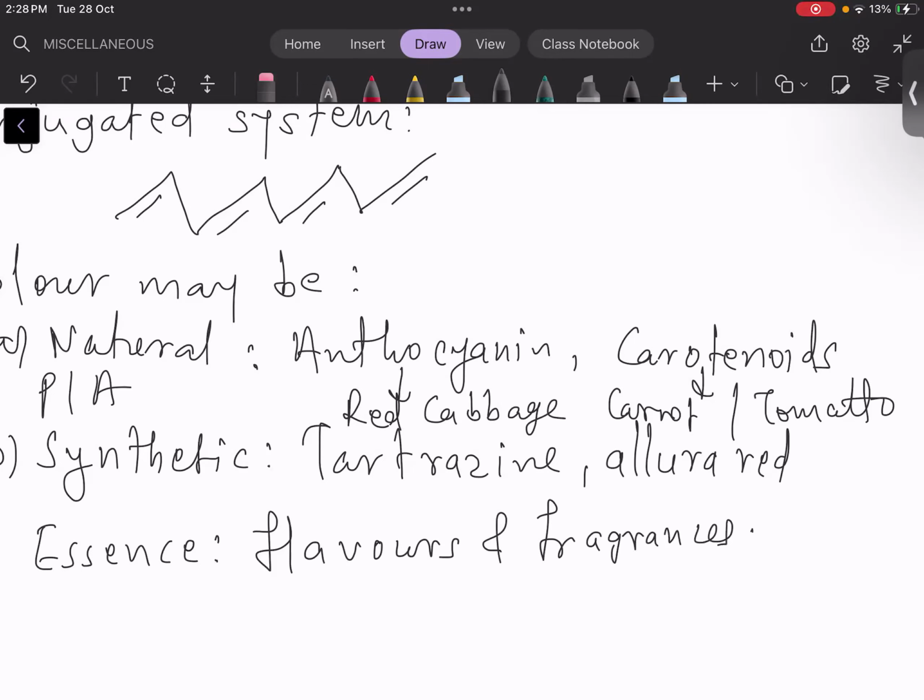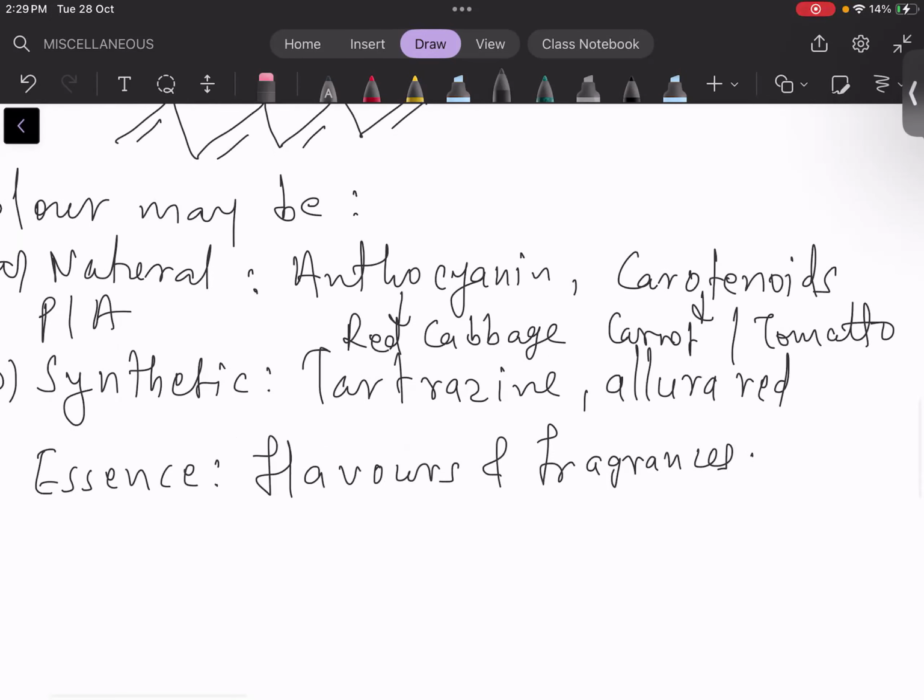The essence of chemistry is the study of chemical reactions, elements, and compounds that form the basis of everything from the materials we use to life itself. Essence refers to essence chemicals.